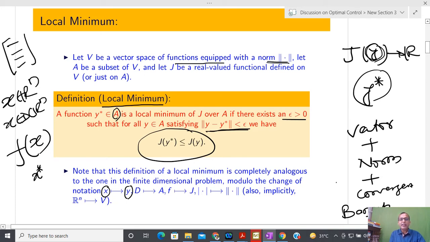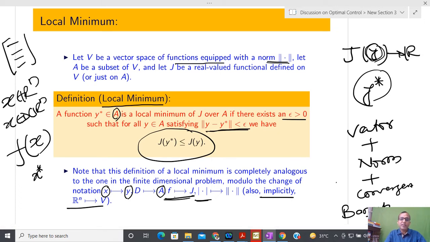D is a subset of this space of column vectors, and I am going to replace that by A, which is going to contain some kind of functions. f I am going to replace by J. So f is initially a function, now J is a function of functions. The absolute value I am going to replace by some norm, and implicitly I am going to replace Rn by V. If you see these two problems in this way, they are very much correlated.